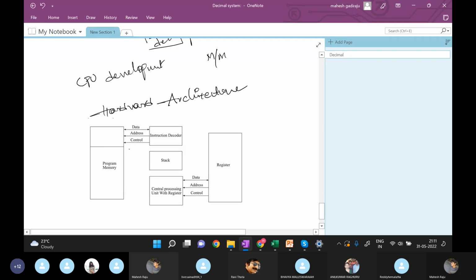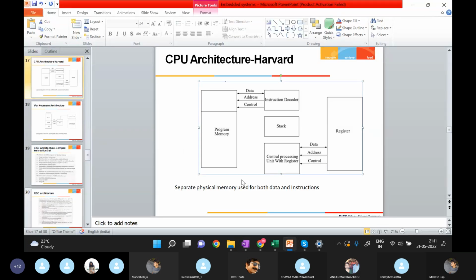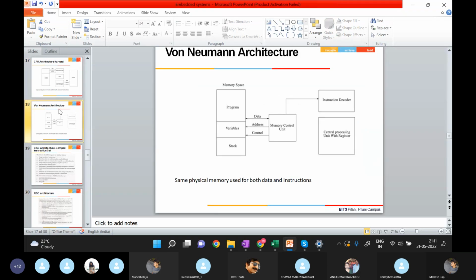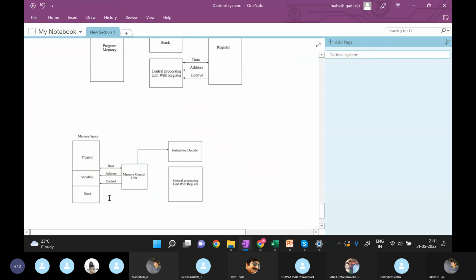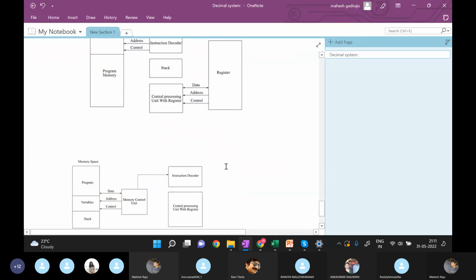For the instruction and the code, we will have different kinds of memory. And this is the Von Neumann, you can see here in the diagram itself.